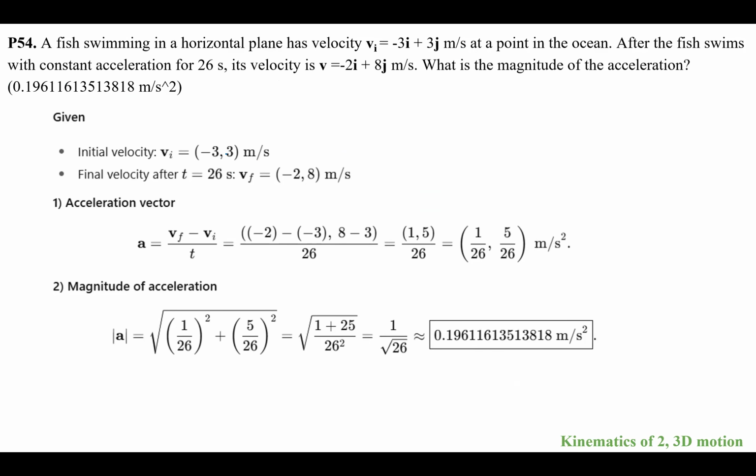If you look at the initial velocity, we have both x and y components. For the final velocity after time t, we have the final velocity x and y components. And then the acceleration vector is given by the final velocity minus the initial velocity, divided by the time it takes. Okay, so for each component along the x direction and along the y direction, we have this number, and this is the acceleration vector.